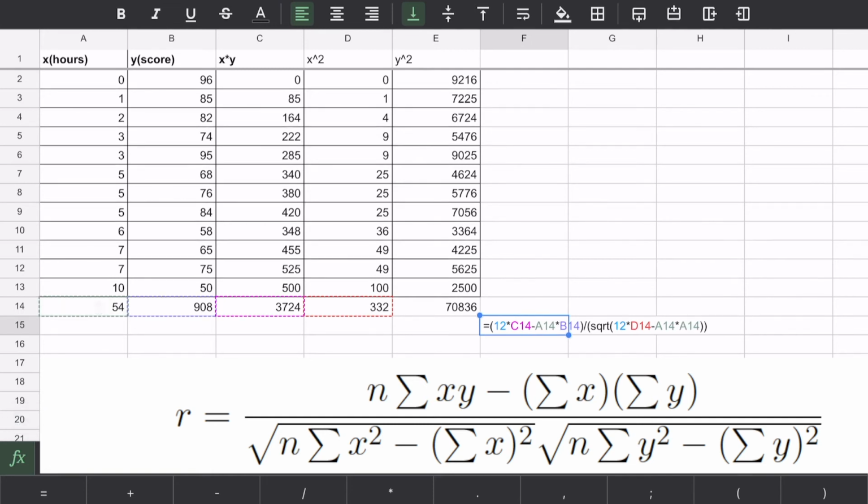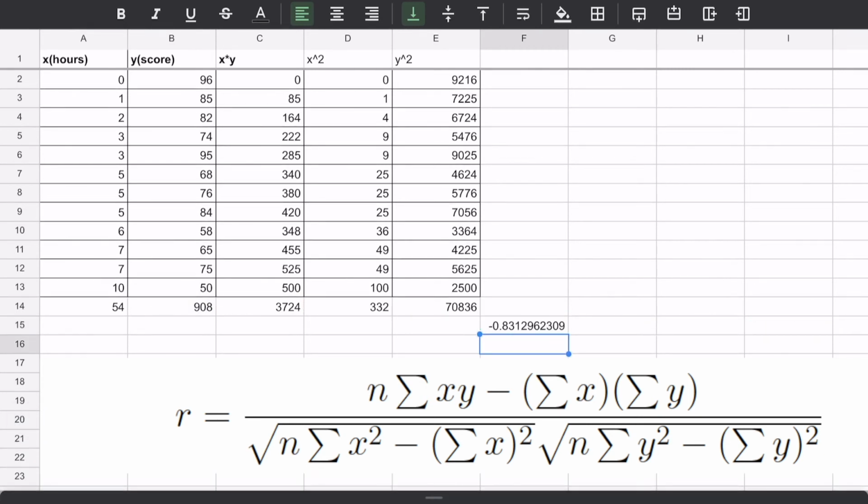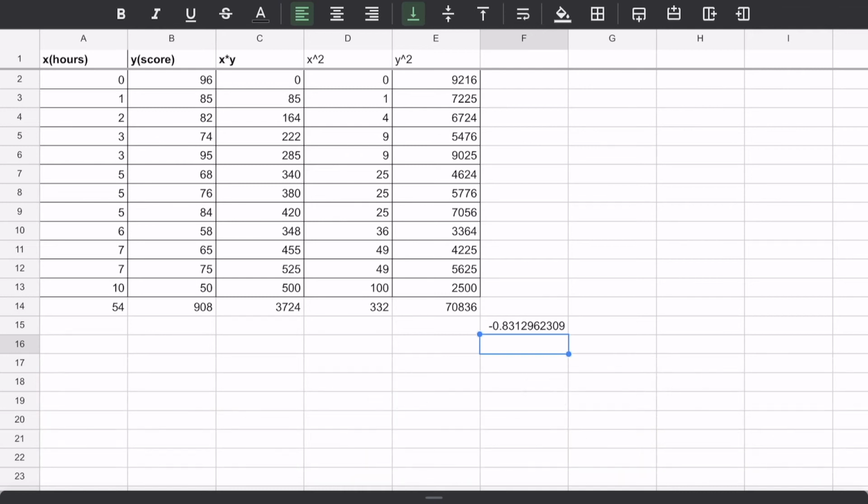I'm going to close the square root, multiply by another square root of n, which is 12 here, multiplied by the sum of y squared, which is this number, minus the sum of the y's in the square. I'm going to close the brackets for the square root, and I'm just going to press OK. It is going to be minus 0.831. So this is how we can do the calculations for the correlation coefficient if you're given the data set.